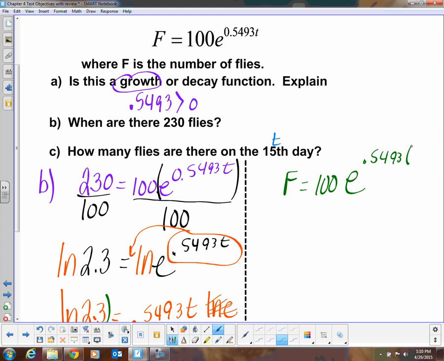The reason this is called a logarithmic application is because we had to apply the natural log to do some of the solving. Do you have to do natural log here? No, you just put it in your calculator. Make sure that this exponent is in parentheses, or it will raise e to this power first and then multiply the whole thing by 15.